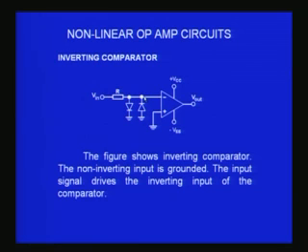Therefore, the voltage at this terminal can never be more than plus or minus 0.7 volts, and that is good enough, because we have seen, because of the open loop gain condition, this voltage cannot be different from this voltage by more than plus or minus 150 microvolts or so. 0.7 is 700 millivolts, which is comparatively a very large voltage, and therefore we will never have any occasion to go beyond 0.7 volts. So this will provide protection for the comparator, so that you will never overload the terminal beyond 0.7 volts.